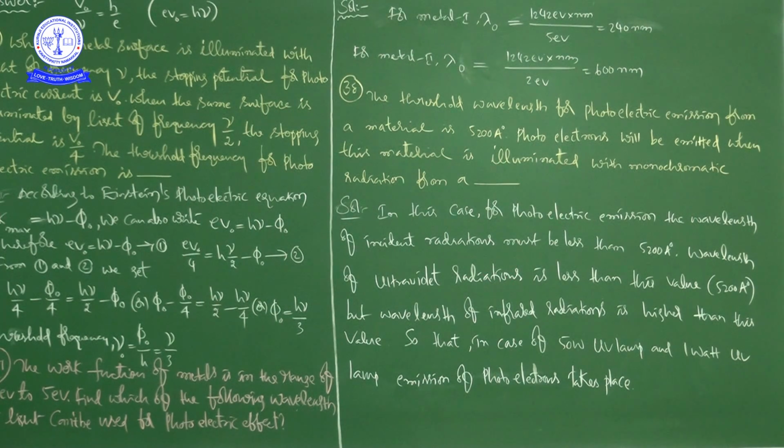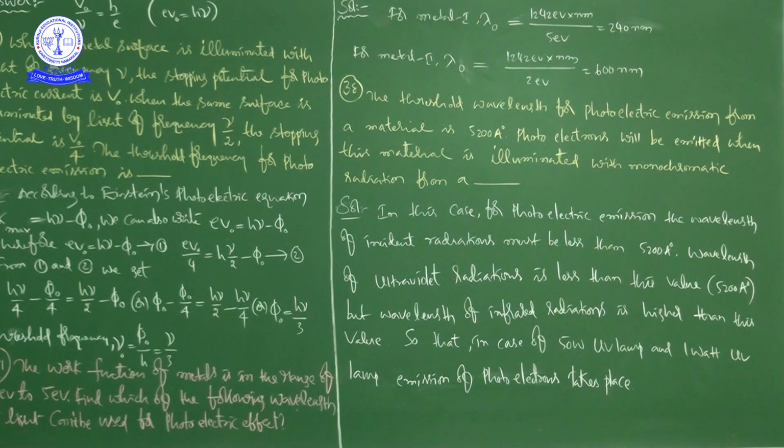First you have to understand the question, and afterwards observe carefully what it is asking. Photoelectrons will be emitted when this material is illuminated with monochromatic radiation from A. They have given 5 options, so it is like a trial and error method.